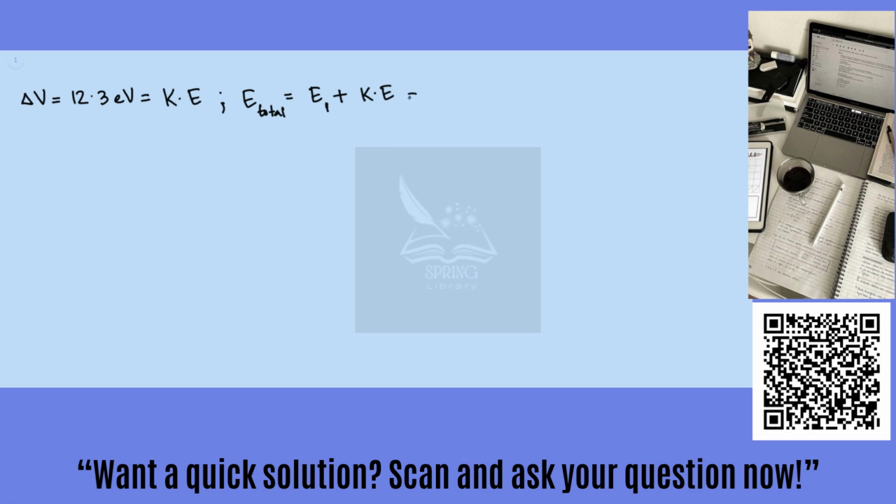Now we know that at ground state, the energy of the electron is minus 13.6 electron volt, and kinetic energy is basically 12.3. So we get the total energy, or maximum energy, to be equal to minus 1.3 electron volt.